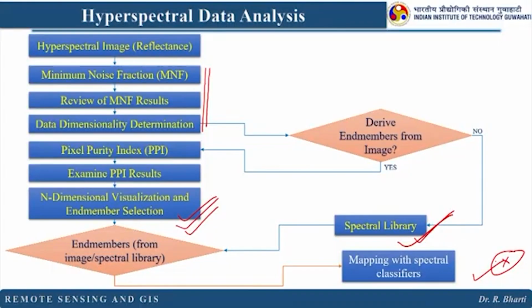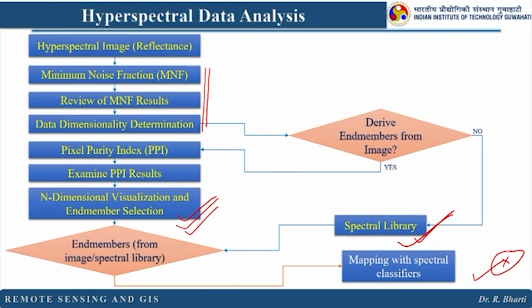So in case I am using the end member from image, then I will get some classified result, but we have not studied the end member. We have classified the whole image into different classes based on the end members identified from this image, but still we have to deconvolve, or we have to study those end members identified from the image which were used in the classification with respect to your library spectra.